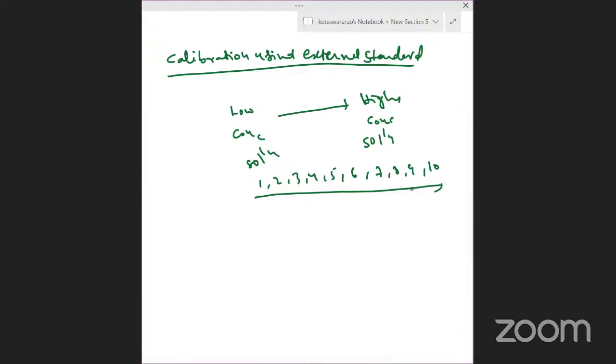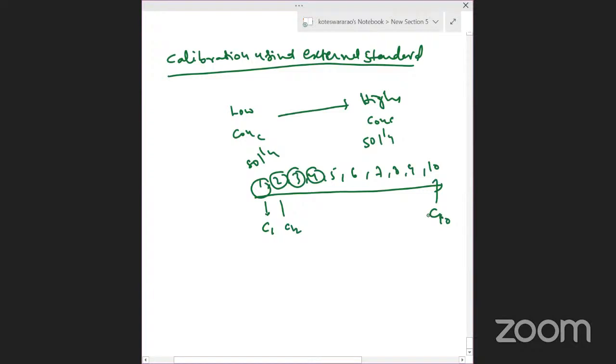That series of standard solutions with the same composition as the unknown sample is prepared. Chromatograms of these standard solutions are obtained. Each sample gives one chromatogram: chromatogram 1, chromatogram 2, up to chromatogram 10.